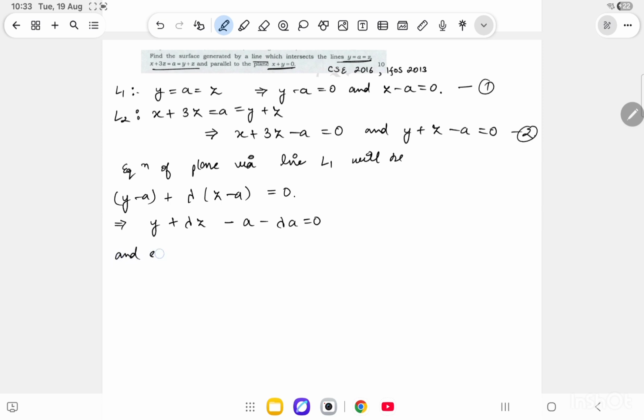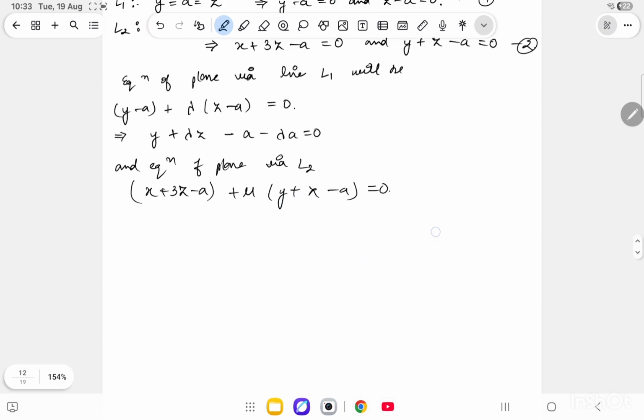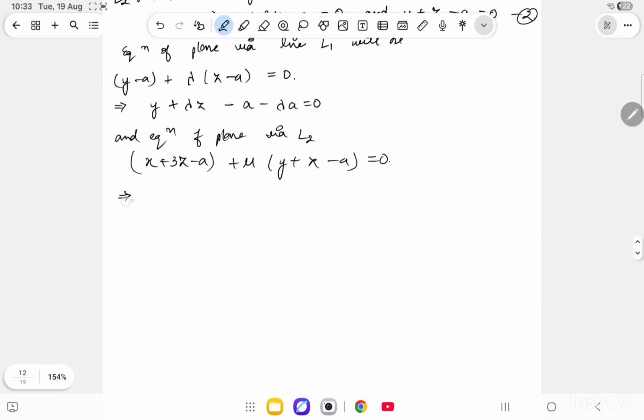And the equation of a plane via line L2 will be x plus 3z minus a plus mu into (y plus z minus a) equals 0. If I simplify this one also, I'll get x plus mu y plus (3 plus mu) z minus a minus mu a equals 0.